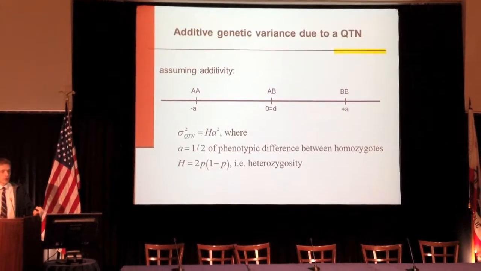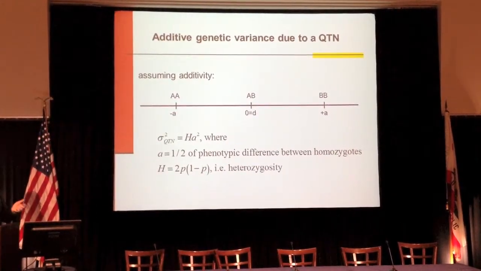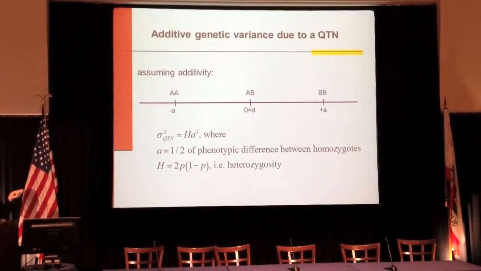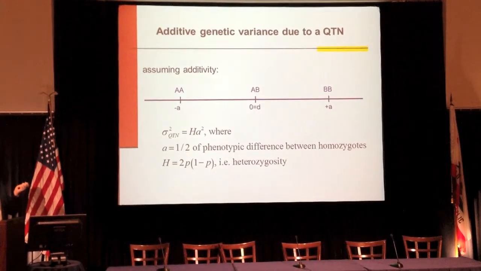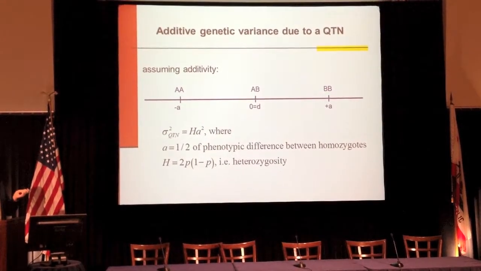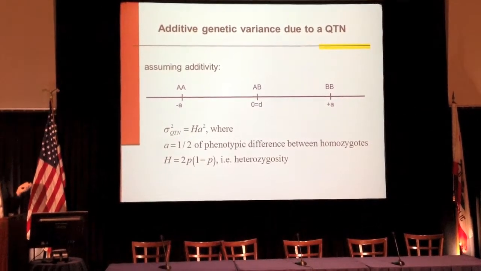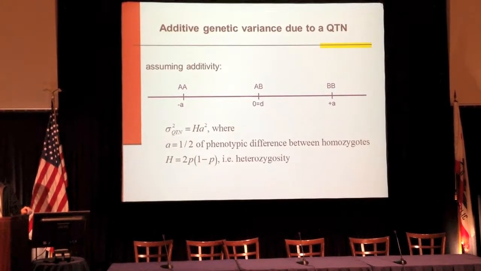So additive genetic variance can be modeled as QTN based on this simple equation that we looked at before, where you have three particular genotypes, and you can basically estimate the heterozygosity and the effect size of that particular QTN.